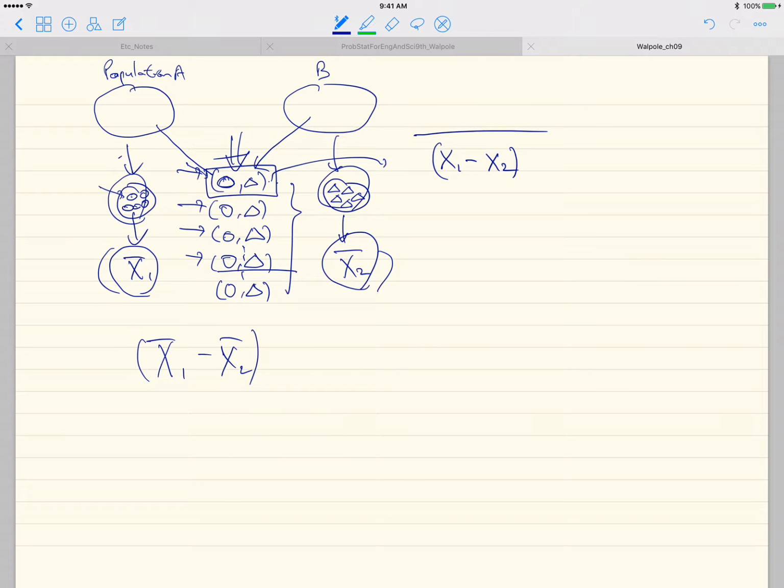Okay, so one example corresponding to this paired observation is as follows.